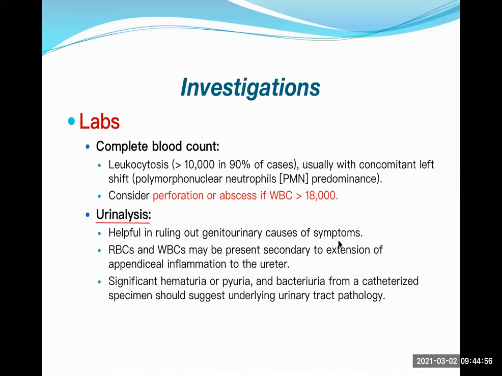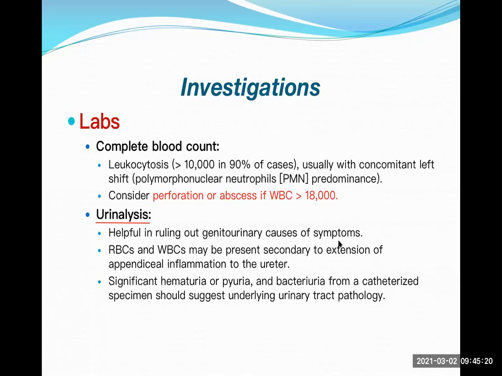Remember, a pelvic appendix may lie on the surface of the ureter. When the appendix is inflamed, it may also cause inflammation of the wall of the ureter, and then some pus cells and some RBCs may leak into the urine. So this is one of the important points you have to remember.